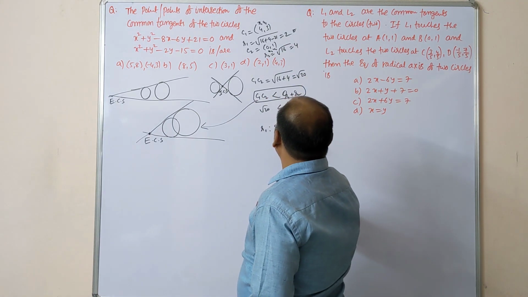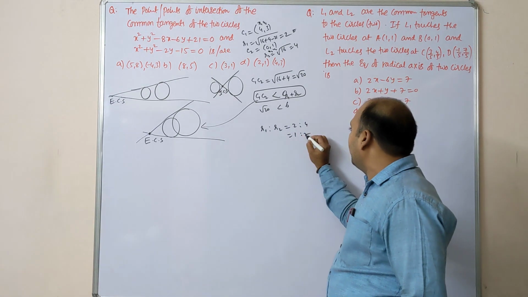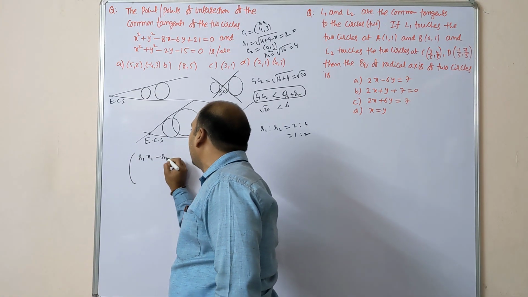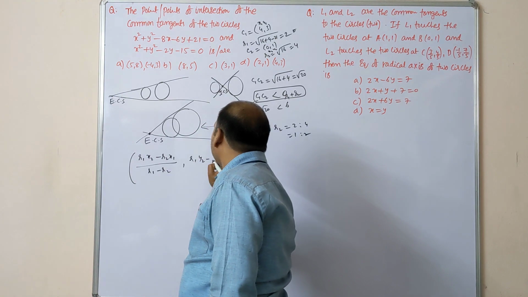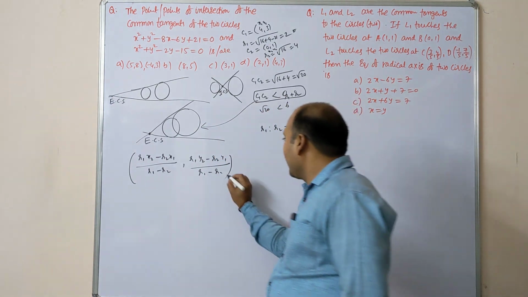R1 is to R2 means we can write 2 is to 4, that is 1 is to 2, dear students. We can simplify here. So ECS means (R1 x2 minus R2 x1) by (R1 minus R2), and (R1 y2 minus R2 y1) by (R1 minus R2).